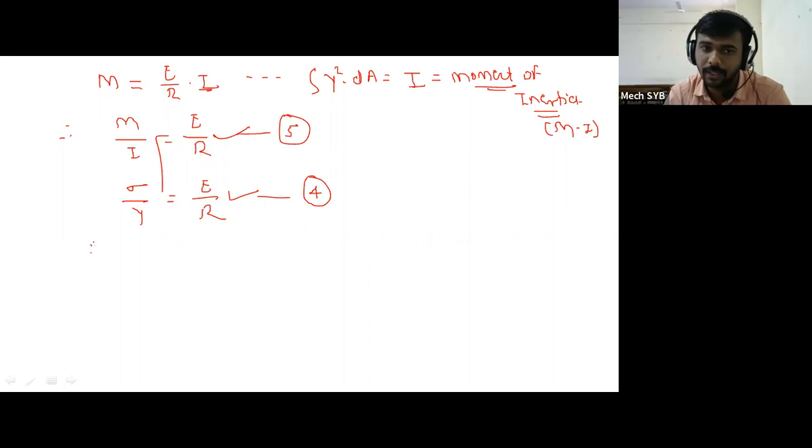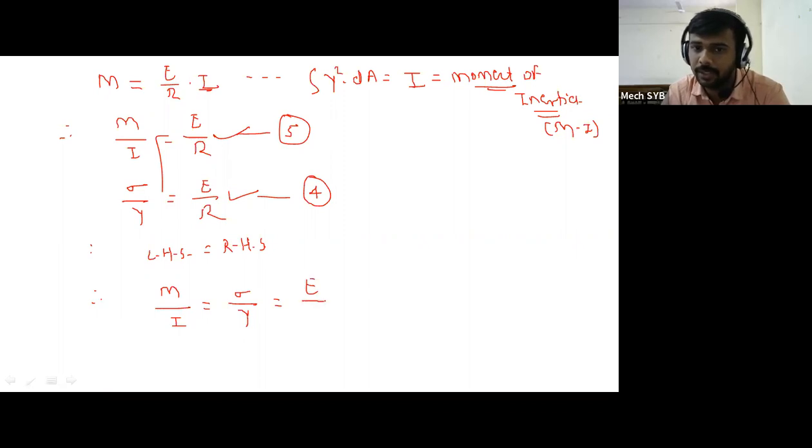Therefore your LHS is equal to RHS and your final formula will be M upon I is equal to sigma upon y is equal to E upon R.